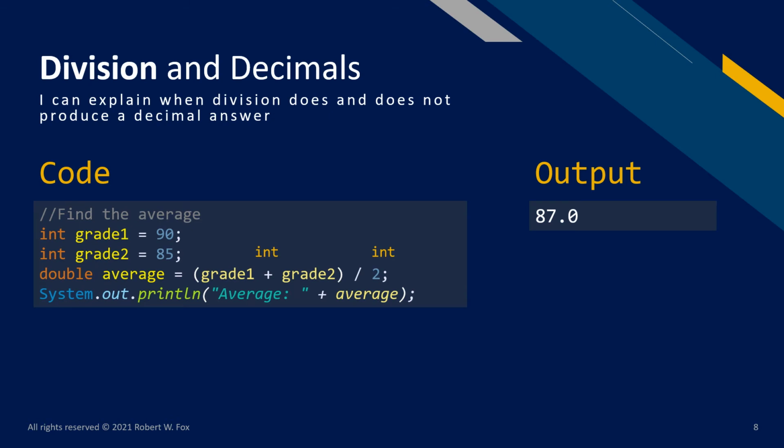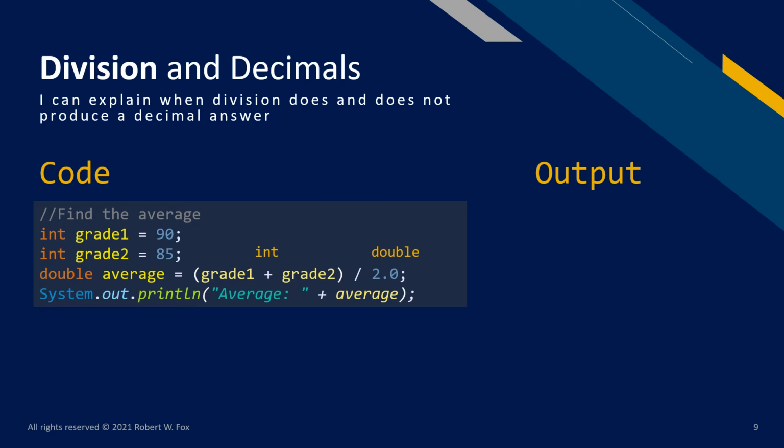In the case of finding the average grade, this was our problem. Grade 1 plus grade 2 is an int, and 2 is an int. So when Java does that division, it only produces an integer answer. Now, of course, we save the result in a double variable, which is why we get a 0.0, but the division itself did not produce a decimal point answer.